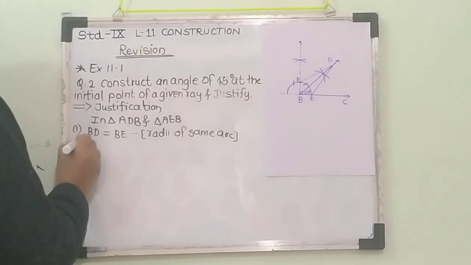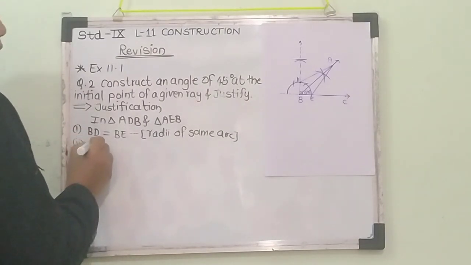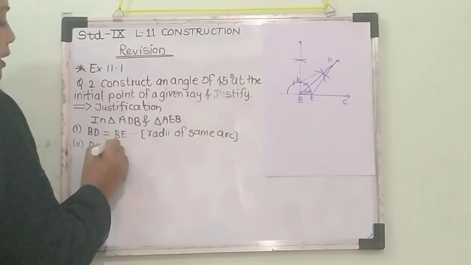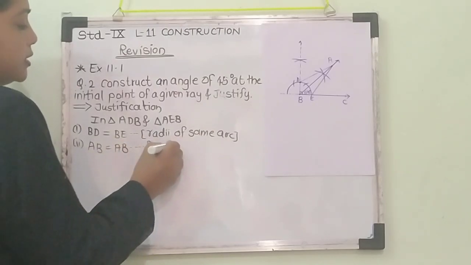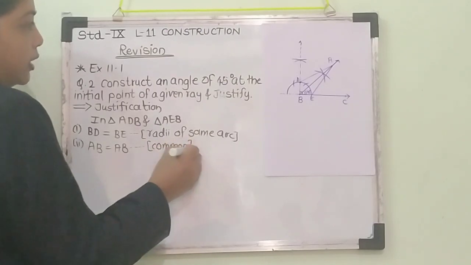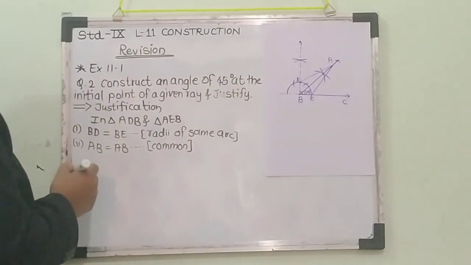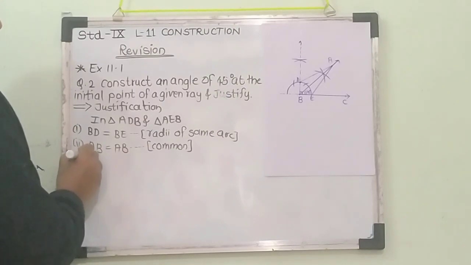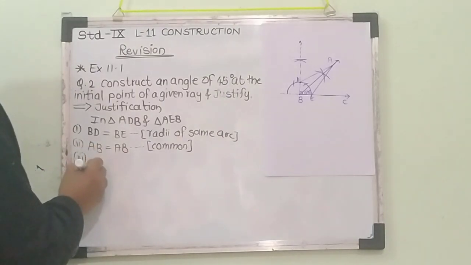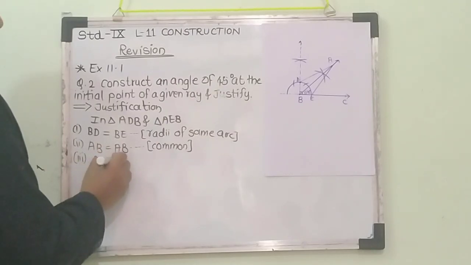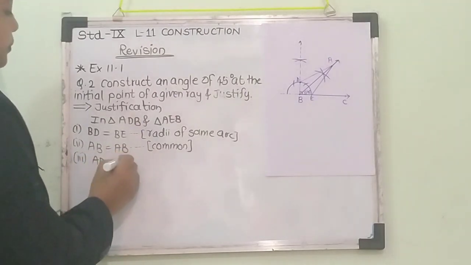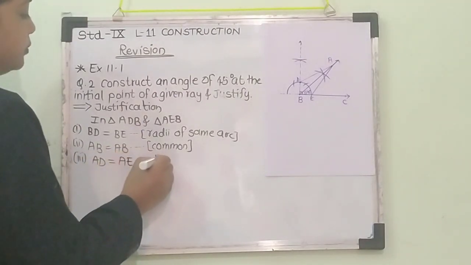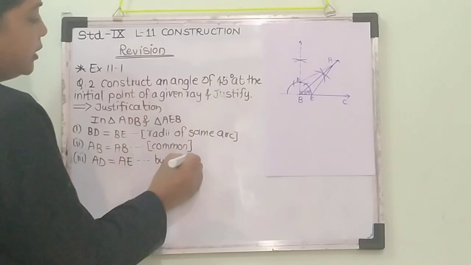Then secondly we get AB equals AB, which is a common segment in both the triangles. And third, by construction we get AD equals AE, by construction.